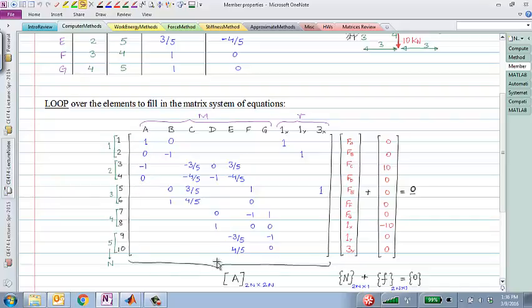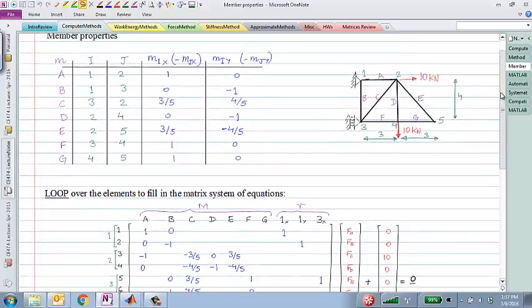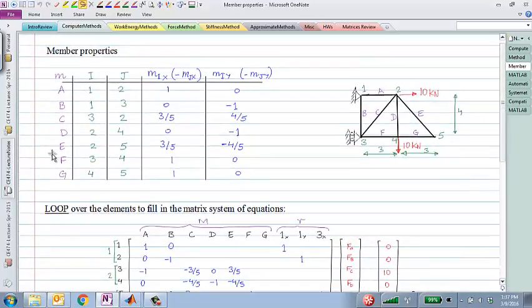So the way to generate this matrix automatically, we said, was loop through each element in the truss. So go from A, B, C all the way to 7, run the loop 7 times, and go to the correct location in the matrix and put in the correct value of that coefficient. The value of that coefficient was simply obtained by geometry, by this geometric table.